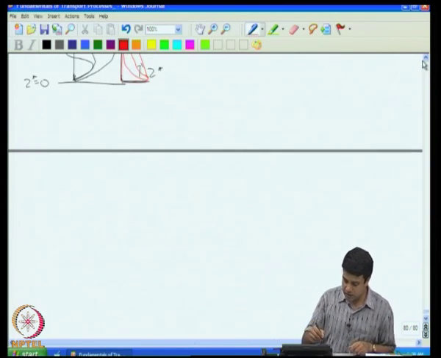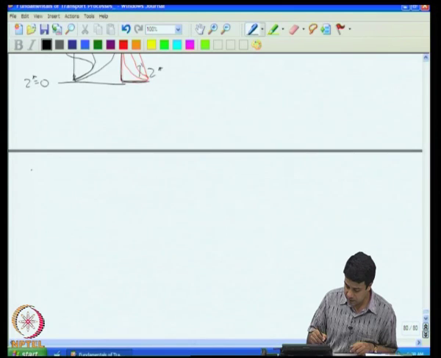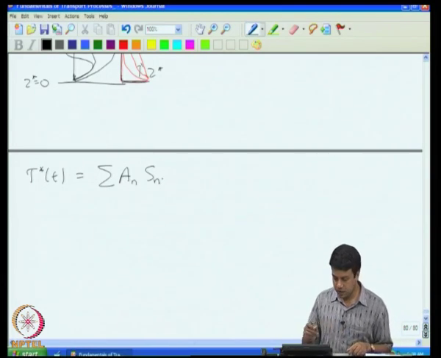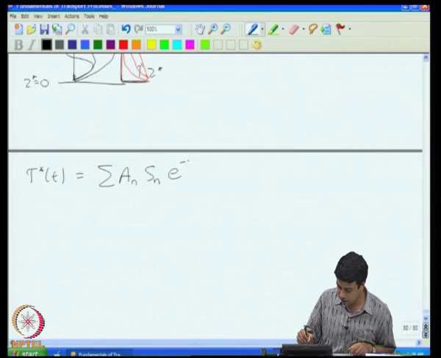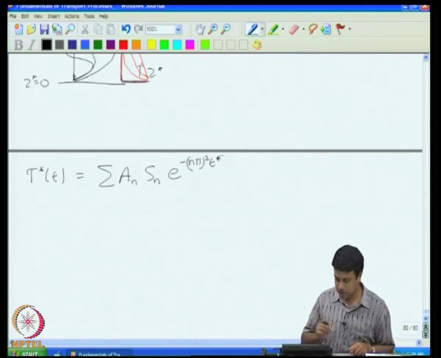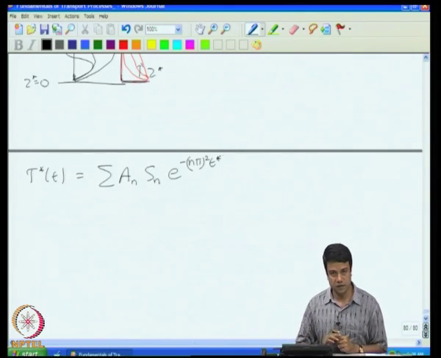So, in my solution procedure, what I have done is to express T star of t as some summation of a n times S n times e to the power minus (n pi) whole square times t star, where S n is a function of z, equal to sine of n pi z.